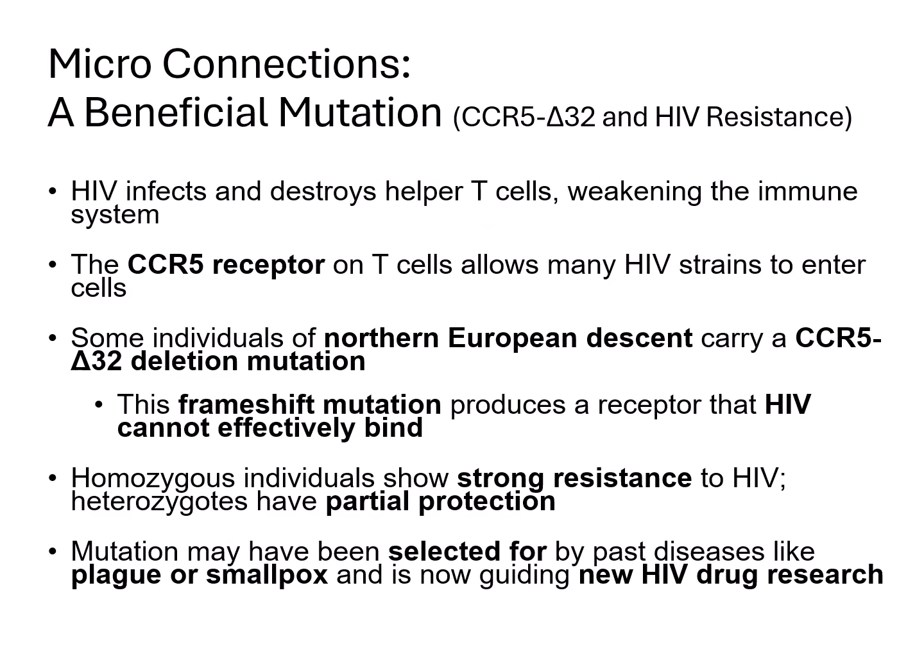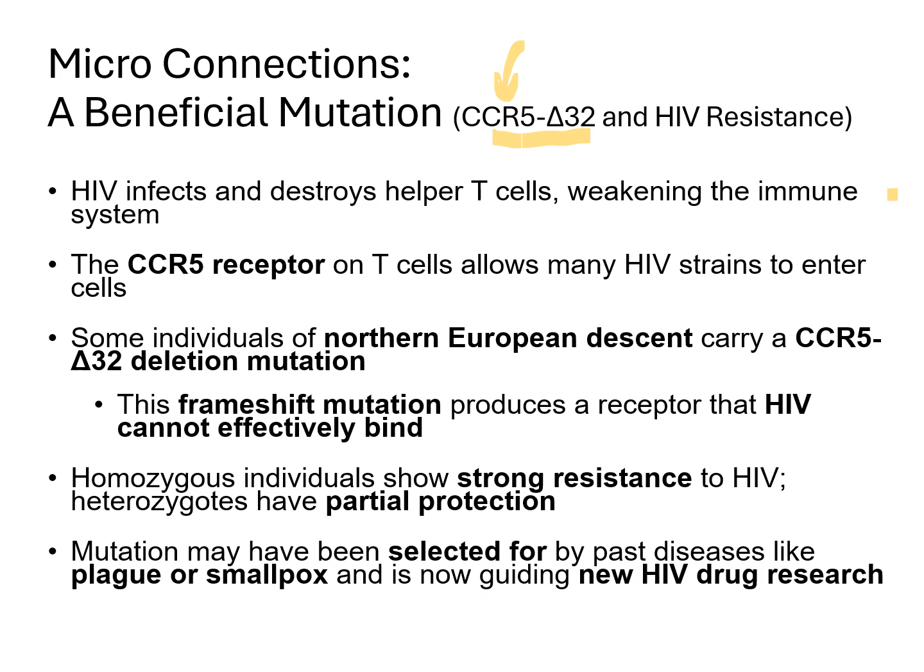Our book has a great real-world example of a beneficial mutation. So the CCR5 delta 32 deletion actually removes 32 base pairs from a gene called the CCR5 gene. So this happens to be a receptor that normally sits on the surface of T cells, and this normally allows HIV to enter these T cells.